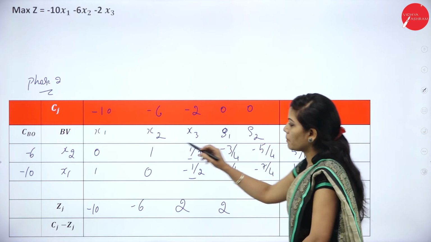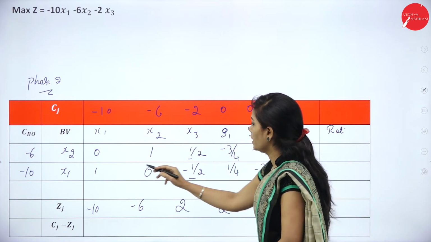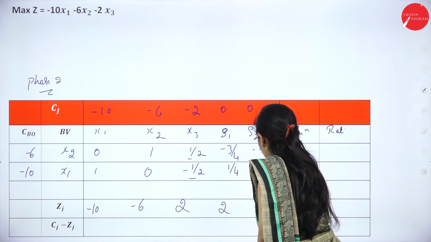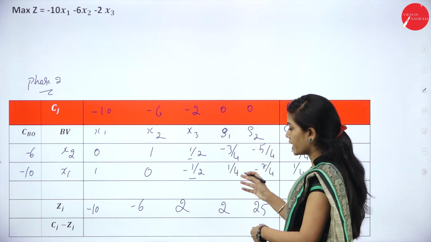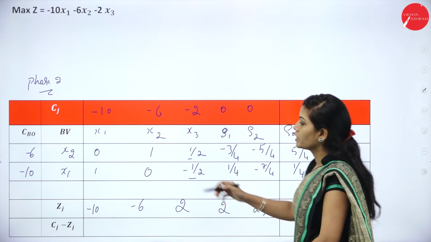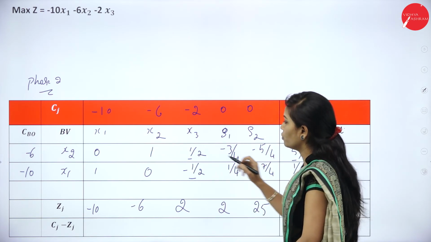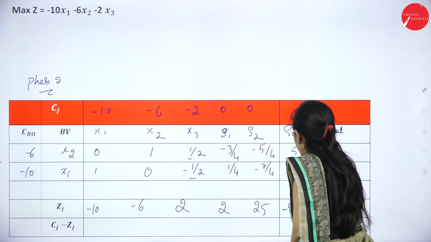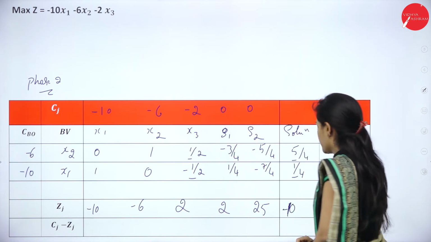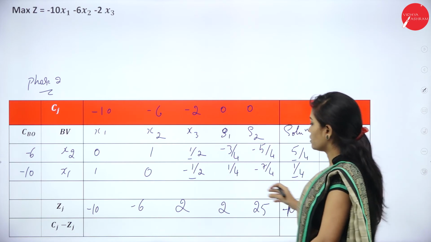And next is minus 6 into minus 5 by 4 plus minus 10 into minus 7 by 4, you will get 25. You can calculate this, take the LCM and find the values. And minus 6 into 5 by 4 plus minus 10 into 1 by 4 will give minus 10. So here we got the values of Zj.